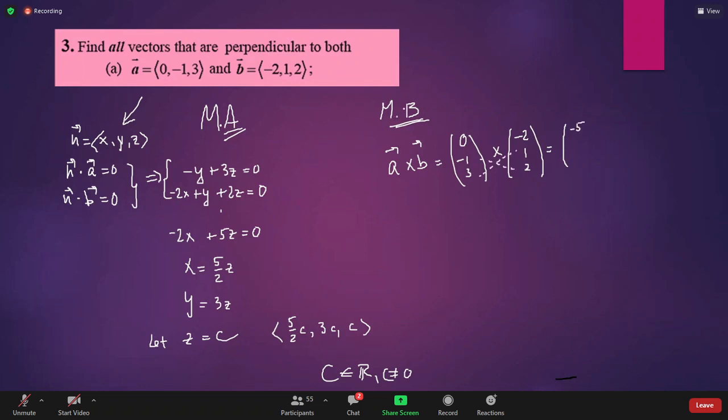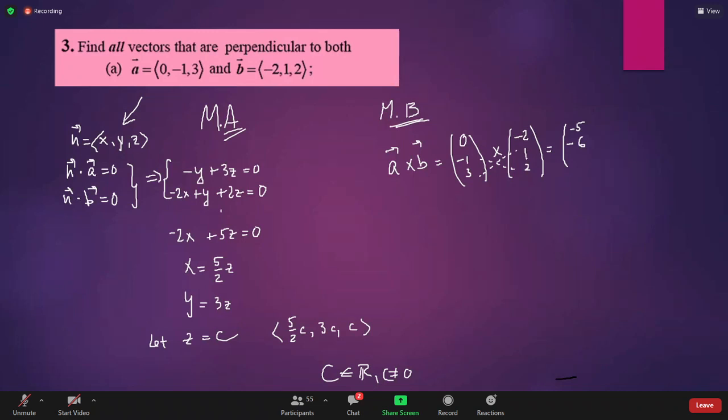Eliminate the second coordinates: you get 0 times 2 minus negative 6, but then change the sign again and you have minus 6. Eliminate the third coordinates: 0 minus 2 is minus 2.